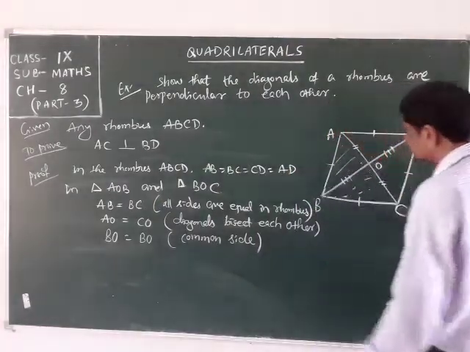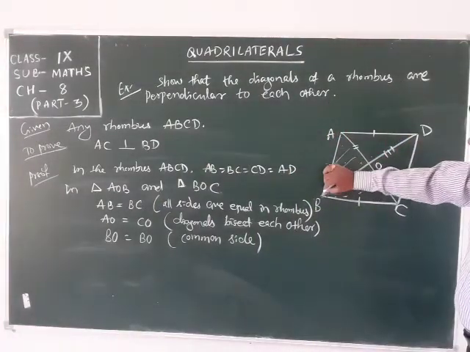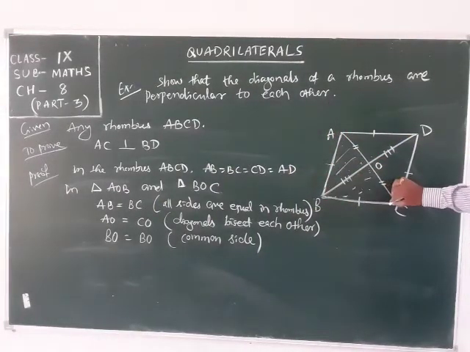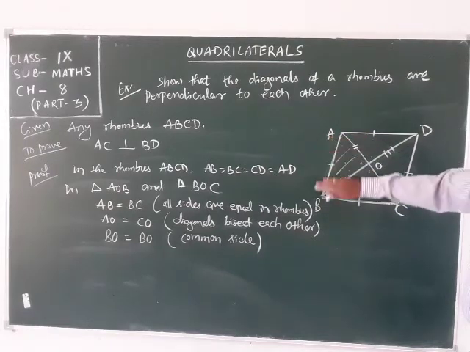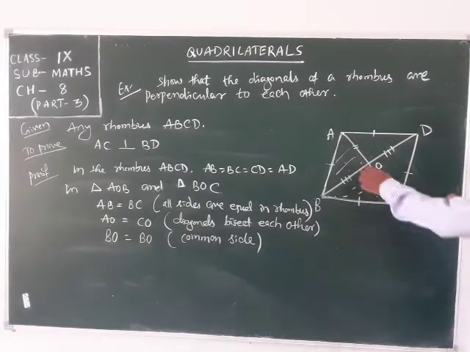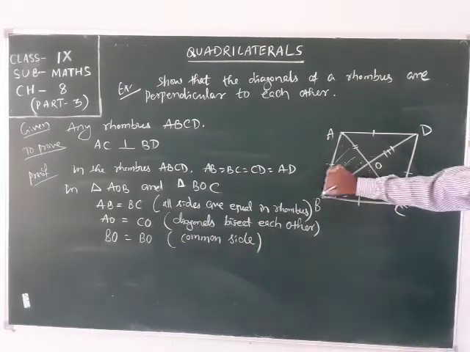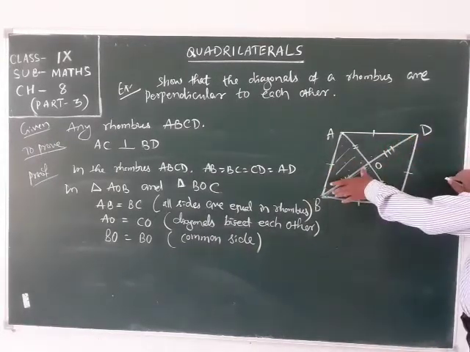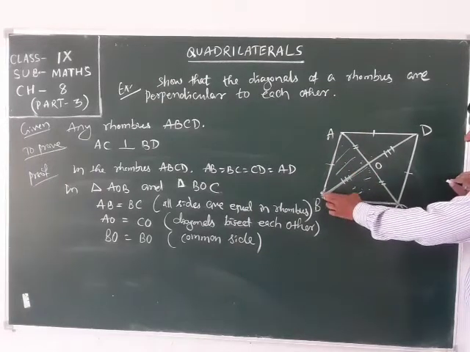In these two triangles, AB is equal to BC, since all sides are equal in a rhombus. Next, AO is equal to CO because diagonals bisect each other, and BO is equal to BO. This side is common for triangle AOB and triangle BOC.